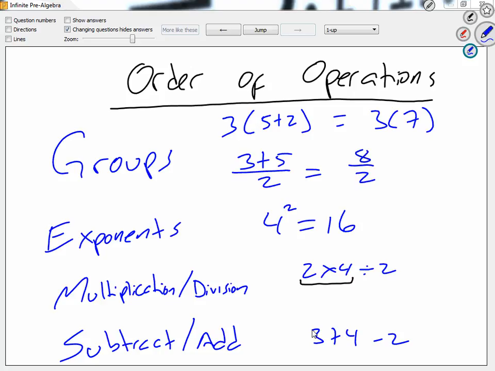But treat them from left to right, and that's the last thing we're going to do. The only time we do subtraction and addition first is if it comes in a group. Once again, subtraction and addition, we do it last unless it is in a group. That's the only time we do subtraction and addition first.